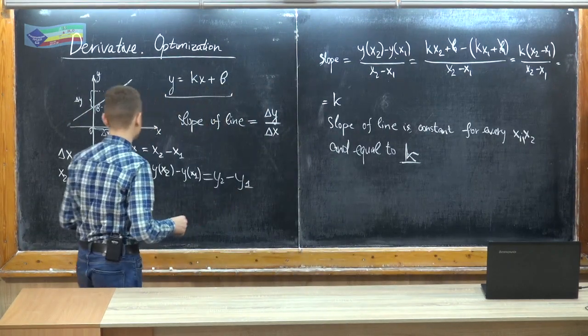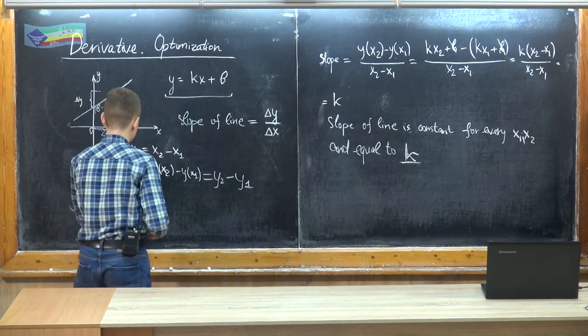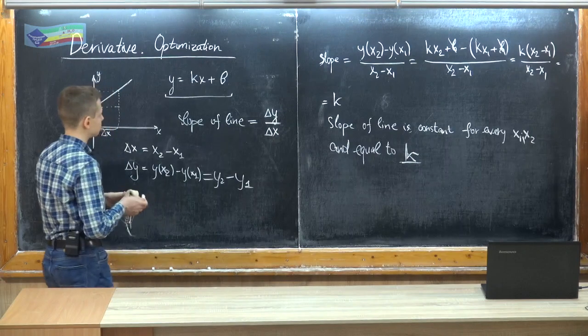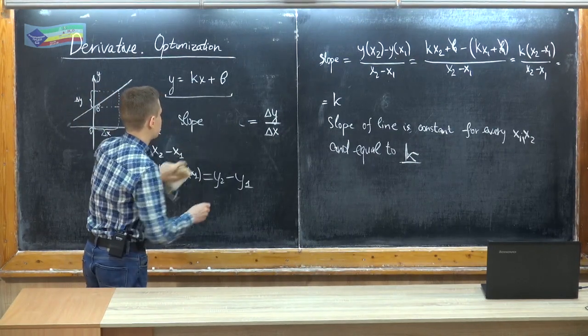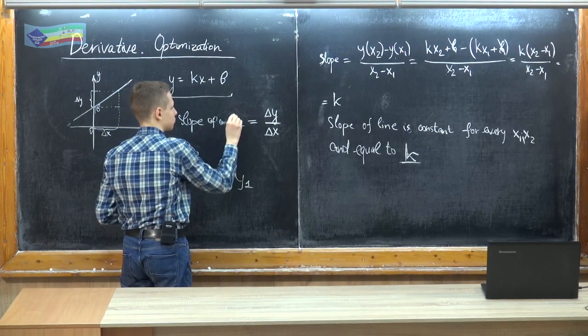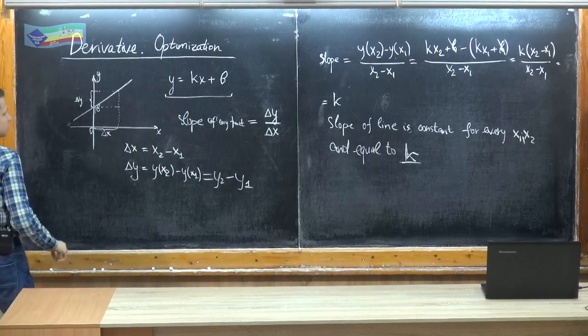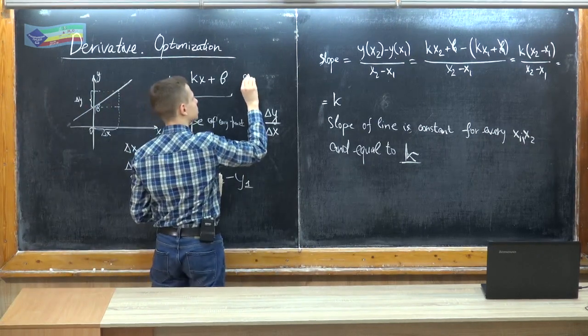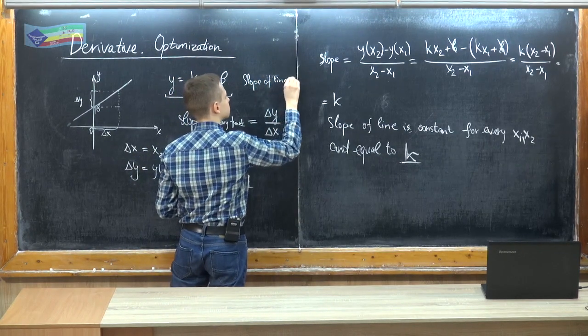So I'll just write the definition of the slope of a line, the definition for any function, and I will write that the slope of a line is equal to k.